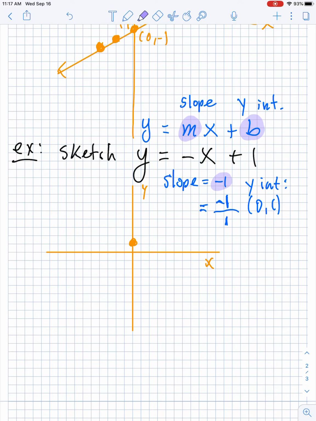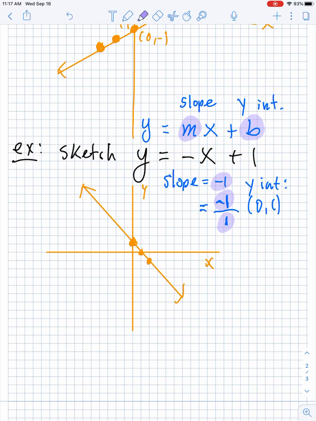So your rise over run means that for every negative 1 that it rises, it runs positive 1. So it goes down 1 over to the right 1. So if I go back to my dots, that means down 1 over to the right 1, down 1 over to the right 1. And then you can just kind of connect those dots. I think 3 is definitely enough. Let's see if I can get the line. Boom. Nailed it.